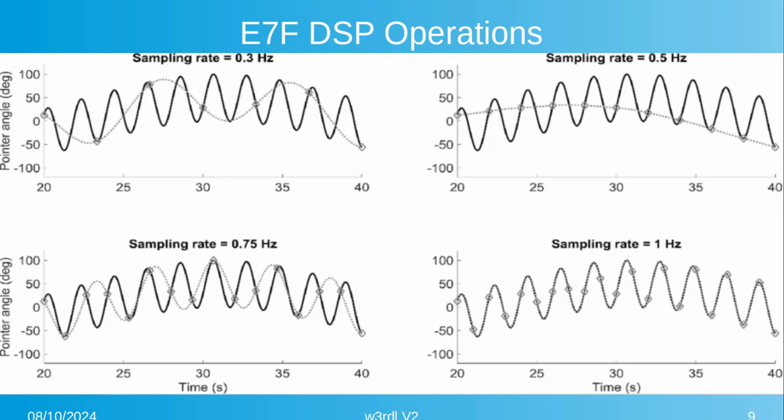So when you try to reproduce that, you're going to reproduce a much lower frequency signal than the actual. And so on at half a hertz, which is even worse because it's a multiple, and at 3/4 of a hertz. And then when you're sampling at 1 hertz, at twice, you can actually reproduce the original signal.